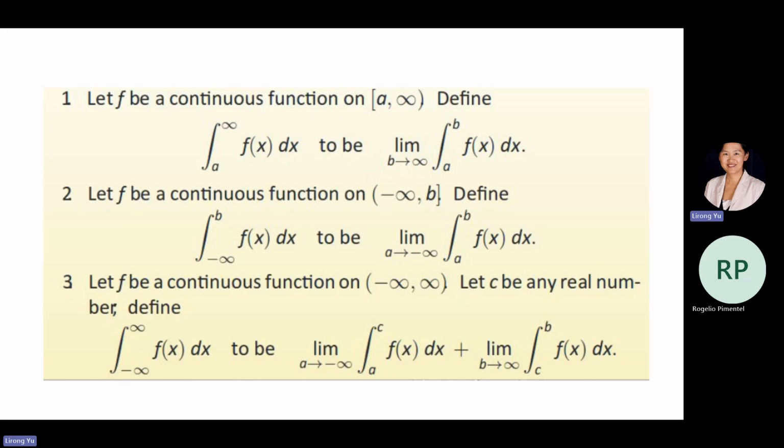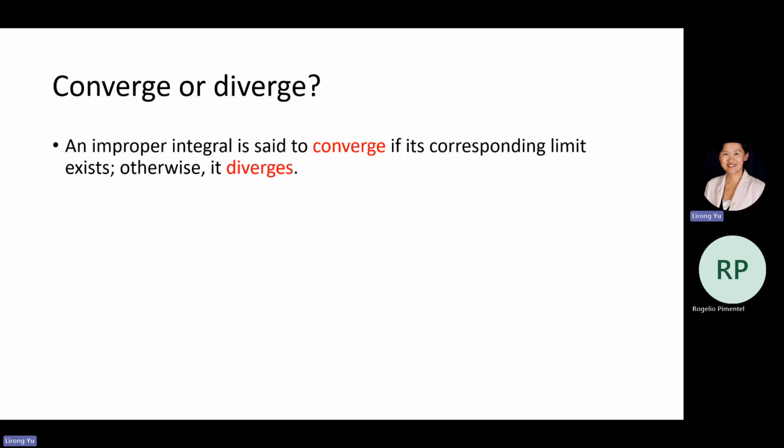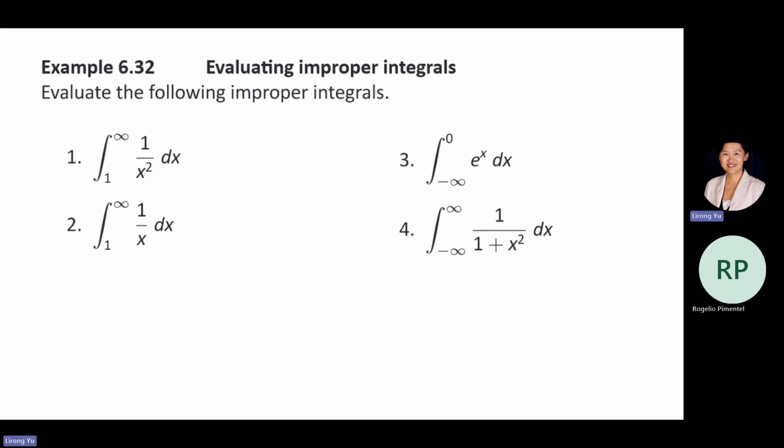If the limit does not exist, then we say it diverges. So basically, if the improper integral equals a finite number, then it converges. If the improper integral does not equal a finite number, or it doesn't exist, then we say it diverges. Any questions? So it follows the same reasoning and the same terminology as calculus 1 about the limit notion.